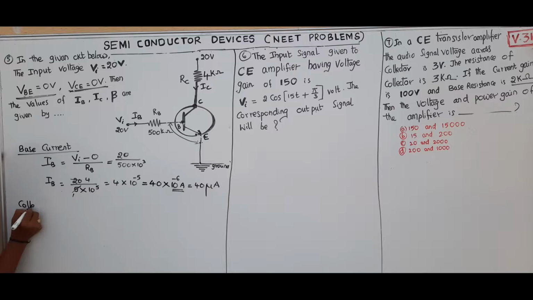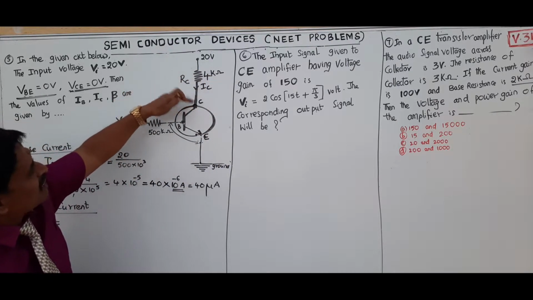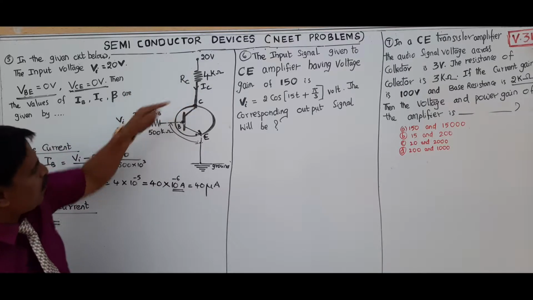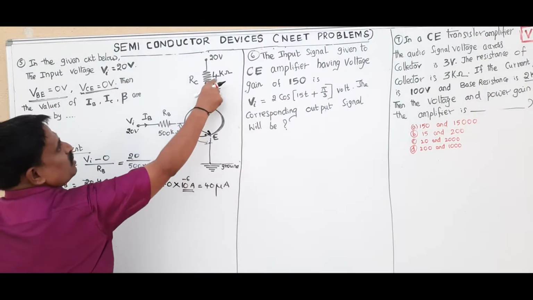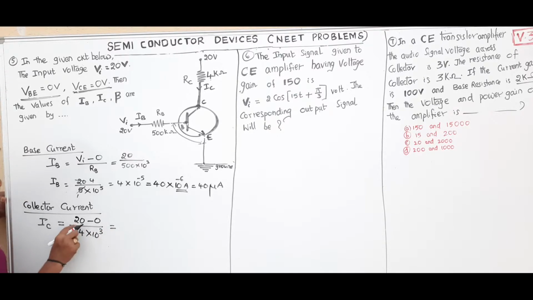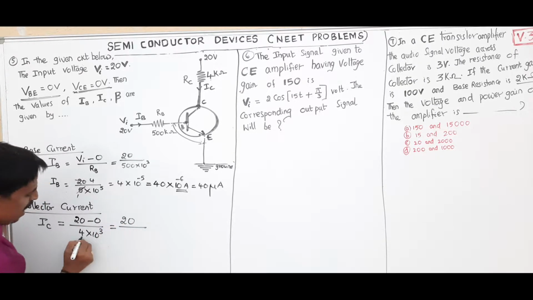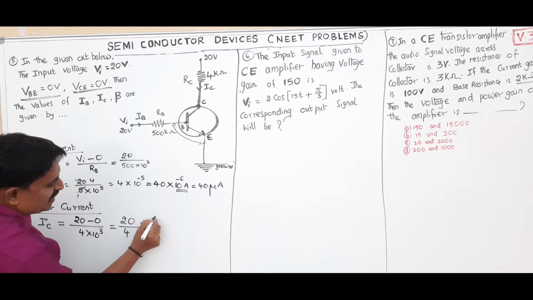The collector current IC is equal to the more potential minus the less value, divided by the resistance. 20 minus 0, by the resistance value 4 kilo ohm, 4 into 10 power 3. 20 by 4, and 10 power 3 goes to the numerator as 10 power minus 3.